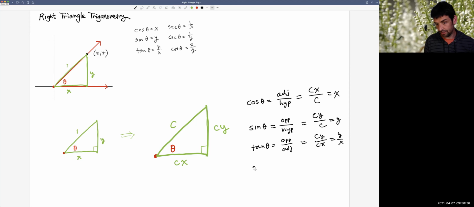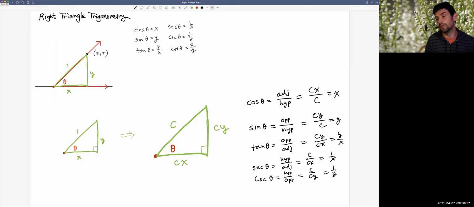Let's just go through the rest. Secant of theta will be hypotenuse over adjacent, c over cx or 1 over x. Cosecant of theta will be the hypotenuse over the opposite, c over cy or 1 over y.